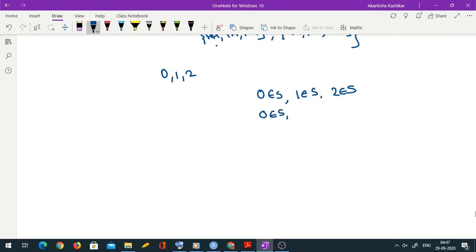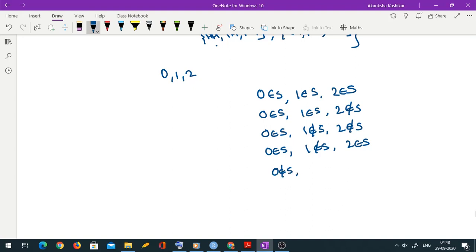Next is 0 belongs to S, 1 belongs to S, but 2 does not belong to S. Next is 0 belongs to S, 1 does not belong to S, 2 also does not belong to S. Next is suppose 0 belongs to S, 1 does not belong to S, and 2 belongs to S. Further, next is 0 does not belong to S, 1 does not belong to S, and 2 belongs to S. Or 0 does not belong to S, 1 belongs to S, and 2 does not belong to S.